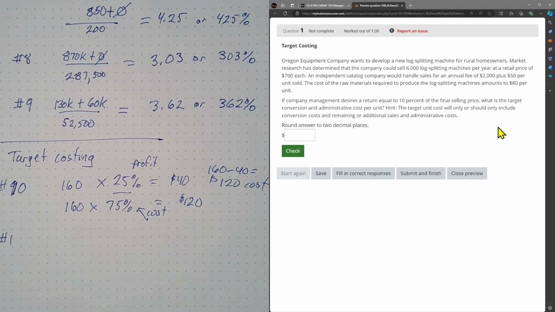Market research has determined that the company could sell, okay, I'm going to get back on my soapbox for just a second. Pay attention to movies or TV shows whenever someone moved away or they couldn't find someone for a while, or someone disappeared off the face of the earth. Almost invariably, they say, where have you been?